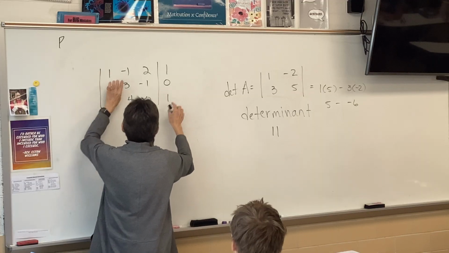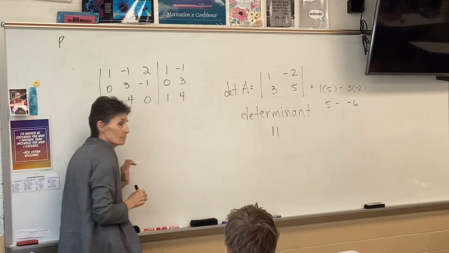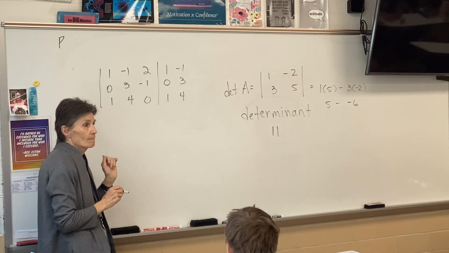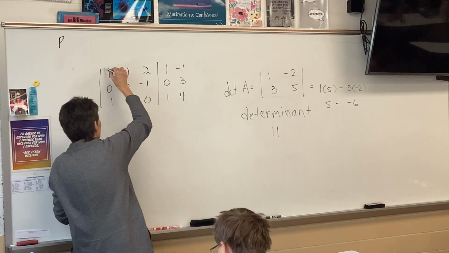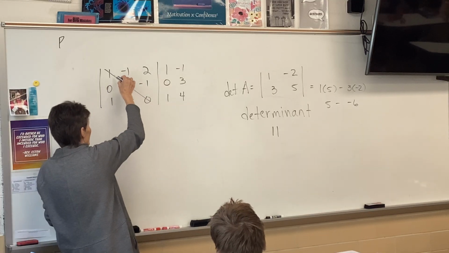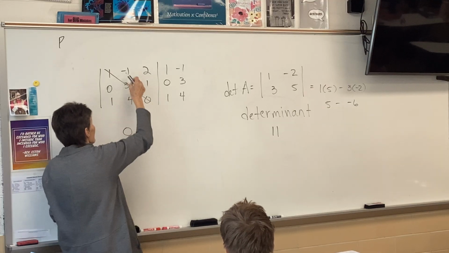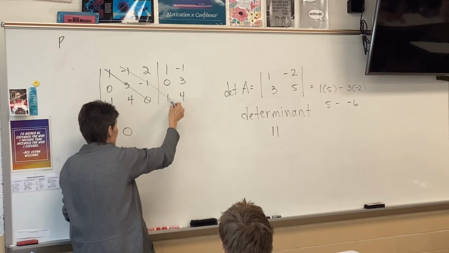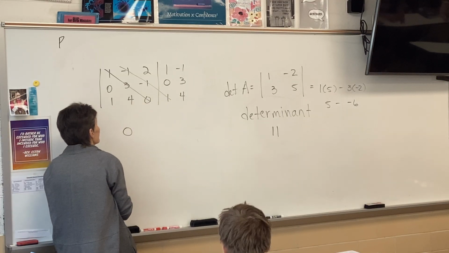So 1, 0, 1, negative 1, 3, 4. Now, multiply these 3 numbers together. So what do I get when I multiply those? I get 0. Multiply these 3 together.